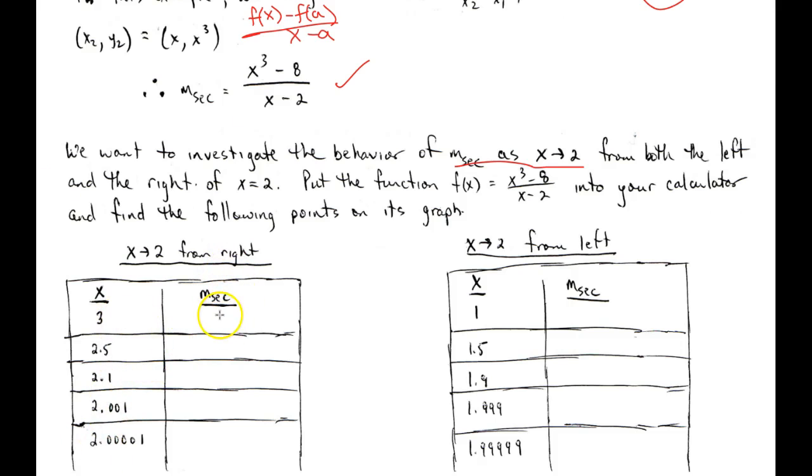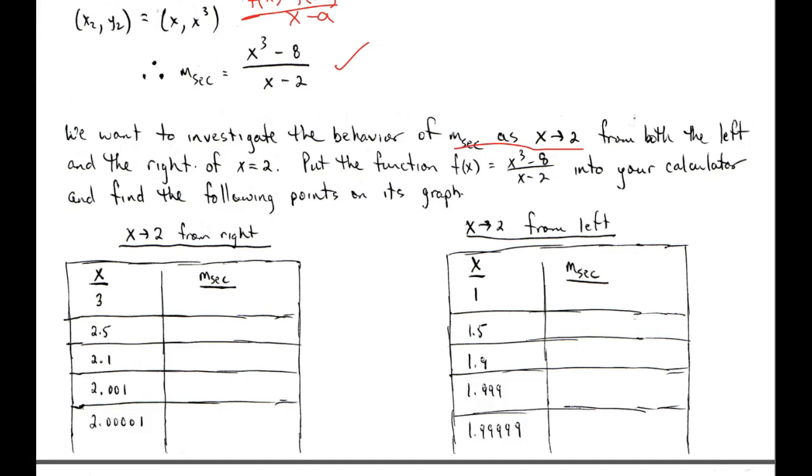You will see that these numbers, as we get closer and closer to 2, start to get closer and closer to some value. Once we put this function into our calculator, we can use the calc feature if you're using a TI-83 or 84 to figure out what these values are.